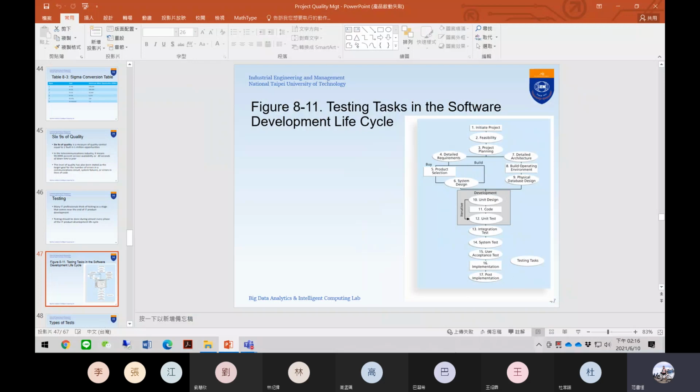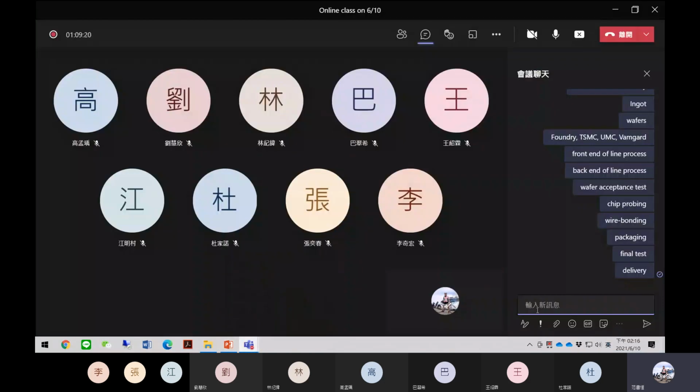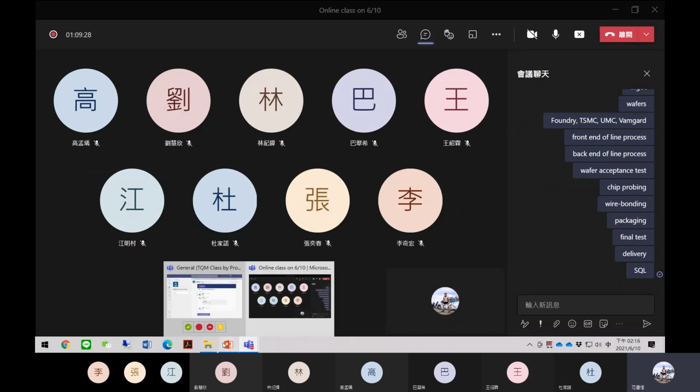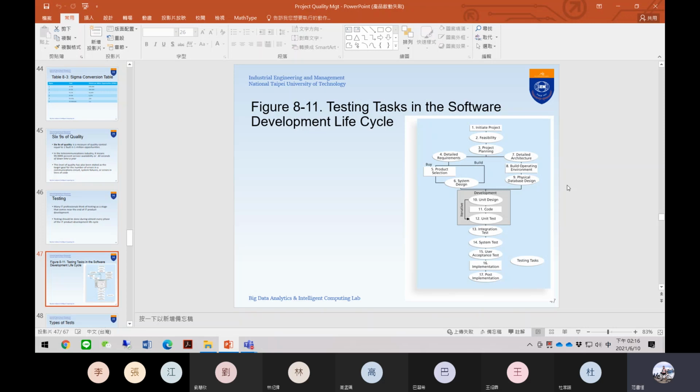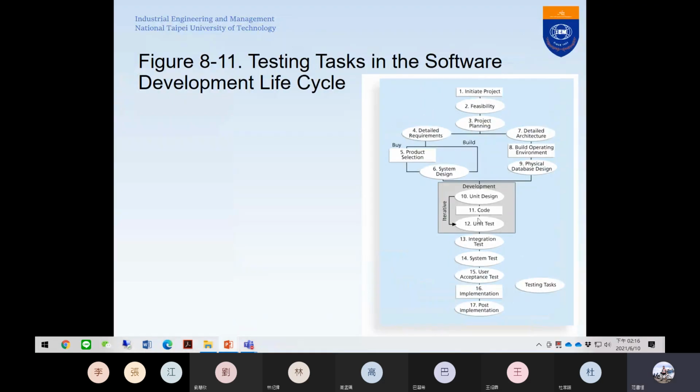Like SQL, the SQL language, the SQL Server. Then development, number 10, unit design and code it, unit test, integration test, system test, and the user acceptance test.